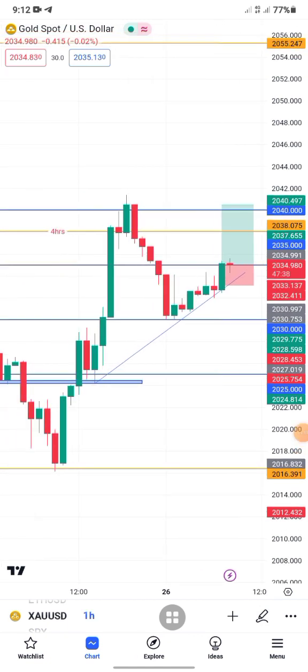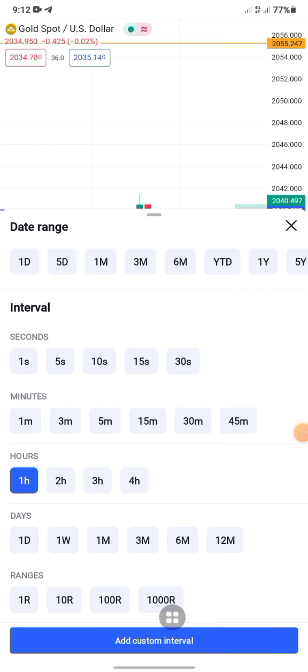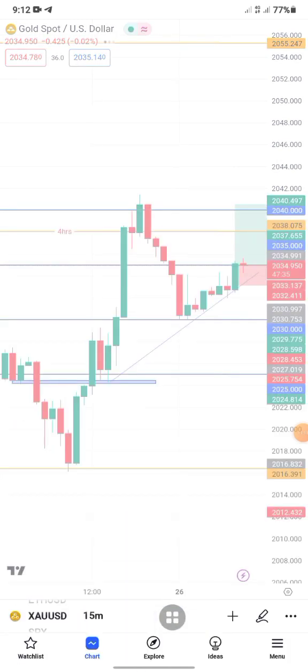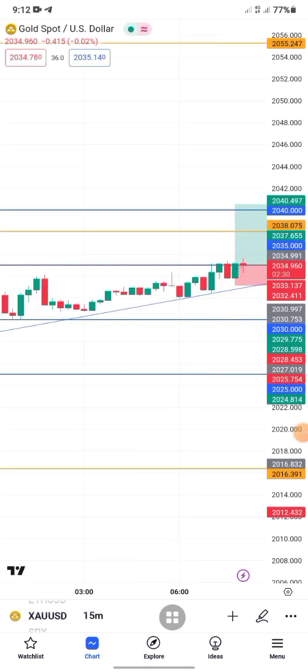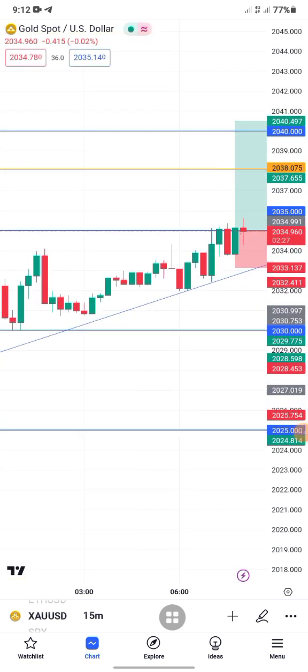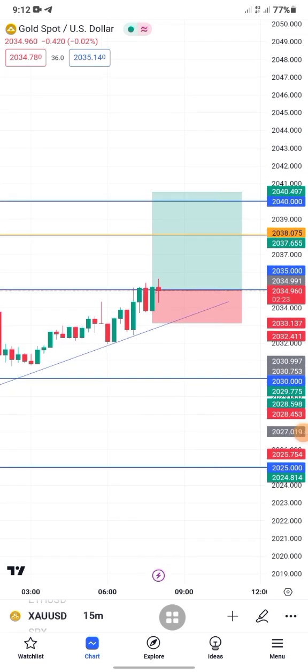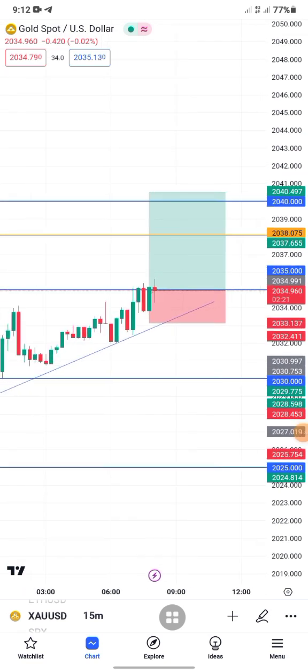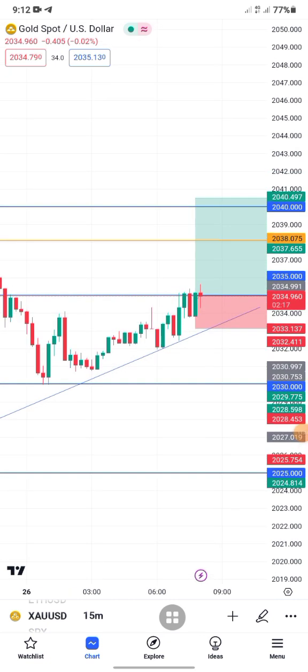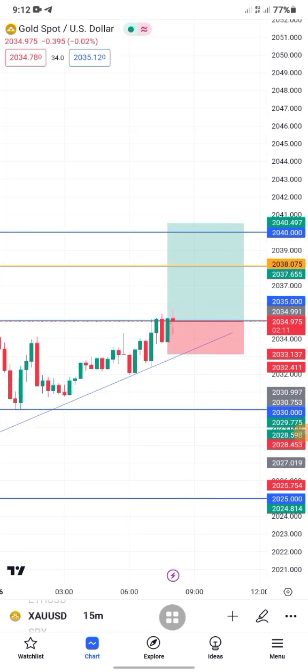Okay, we need to make this video short. I'll head over to my 15-minute time frame to have the view of the market here. Okay, you can see that 1 hour and 15 minutes are more like the same thing. Why I say that this market is giving us a buy, because it's not a must, but we have to use any opportunity we see on the market.